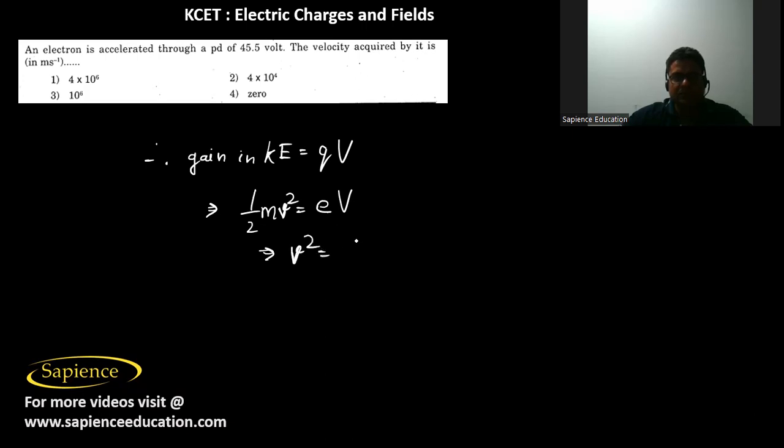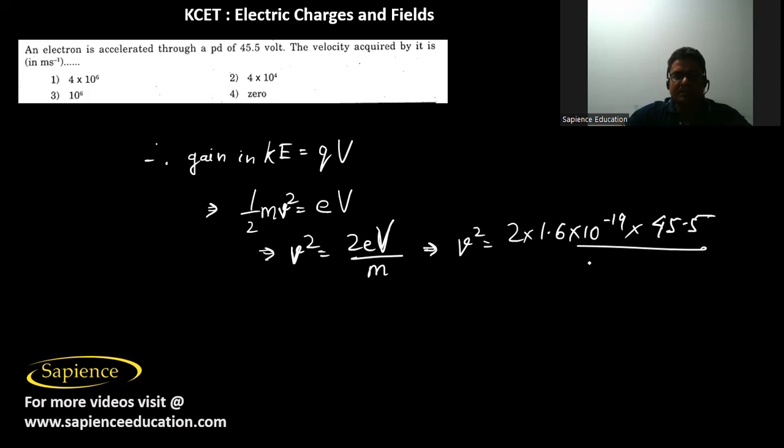So v square is equal to 2eV by m. So v square will be equal to 2 into charge of the electron 1.6 into 10 power minus 19 into the potential difference, which is 45.5, divided by m, the mass of the electron, which is 9.1 into 10 power minus 31.